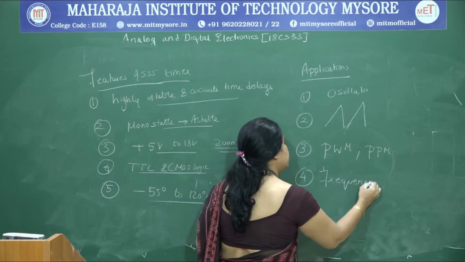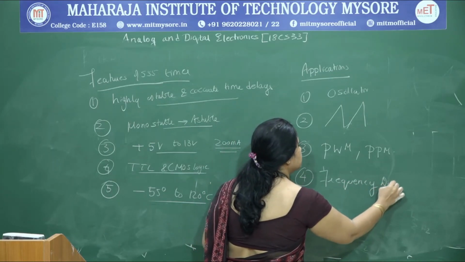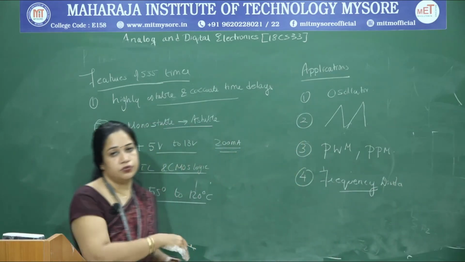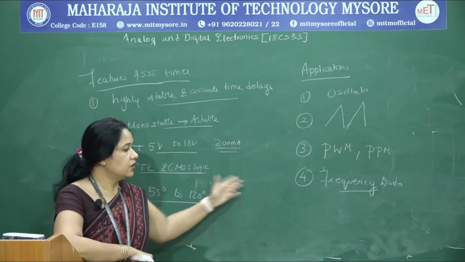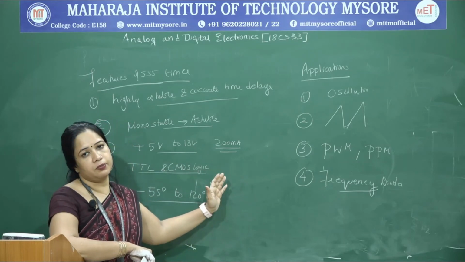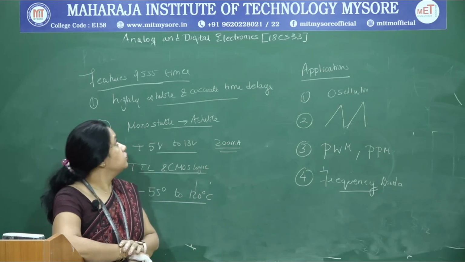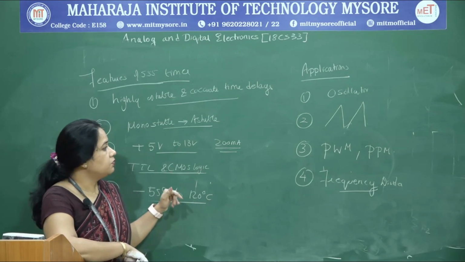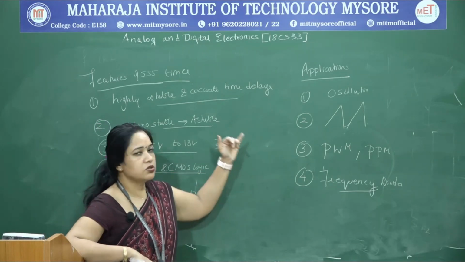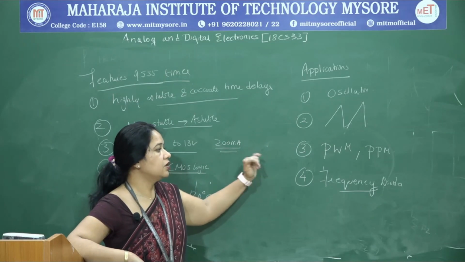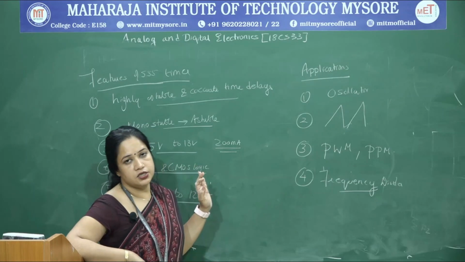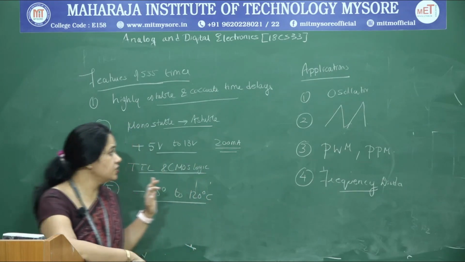If you have some input frequency and want to divide it by a certain factor, such as divide by 2 or divide by 3, you can use it as a frequency divider circuit. So, these are the potential applications: oscillator, ramp generator, pulse width modulation, pulse position modulation, and frequency division.